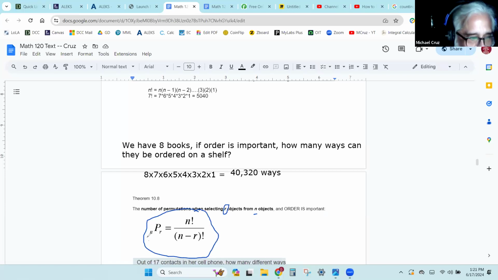This is going to look sort of like what you looked at in the last problem. And then in the bottom is the difference between N and R, factorial. Okay, so what does this mean?